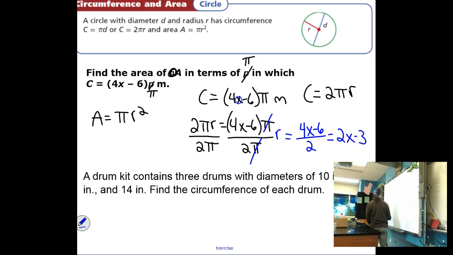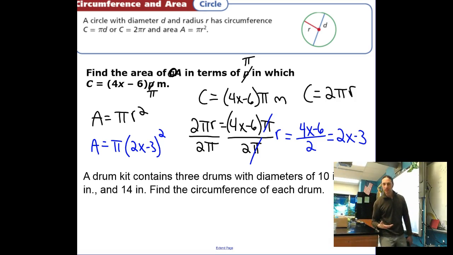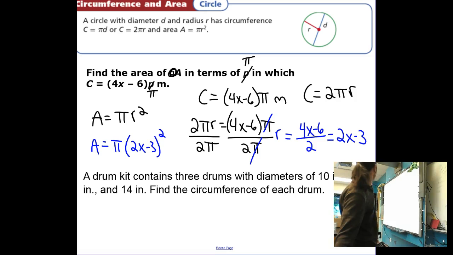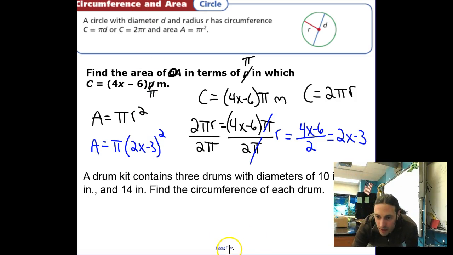Now when I plug it in here, area equals pi times (2x minus 3) squared. And I can either leave it like that, or I can square it out, find the area of the circle in terms of pi, right? So I can either square that and make a big polynomial, or I can leave it like that in factored form.